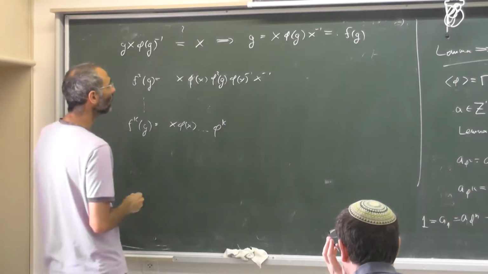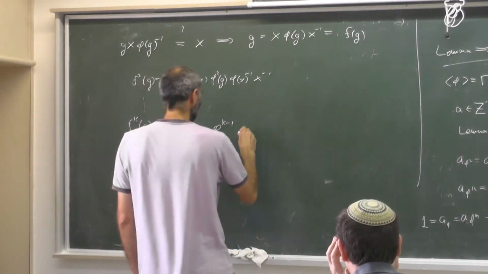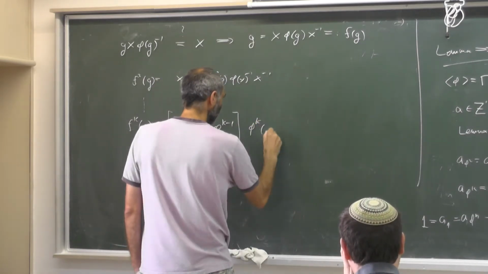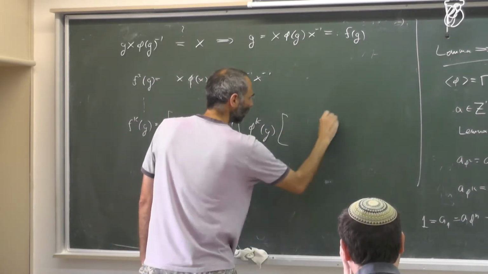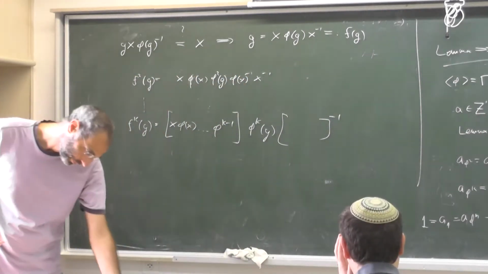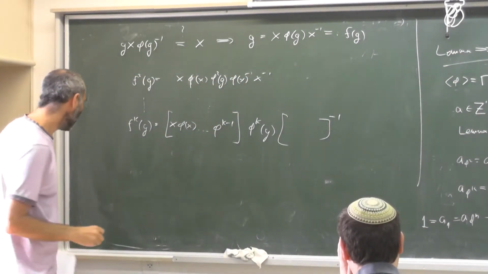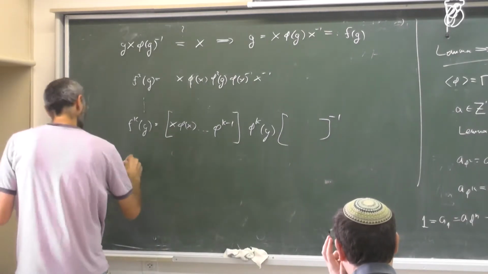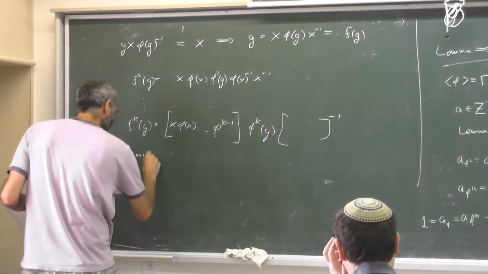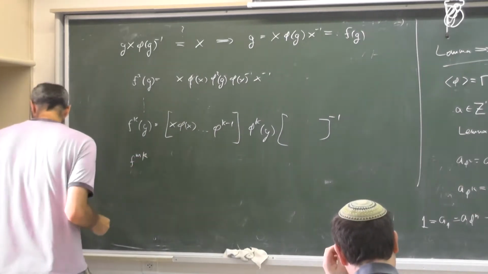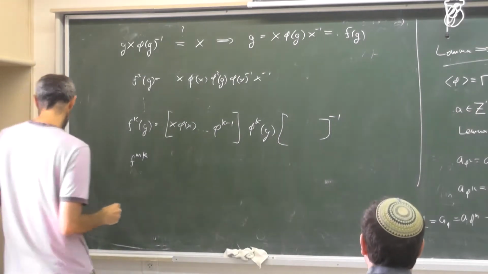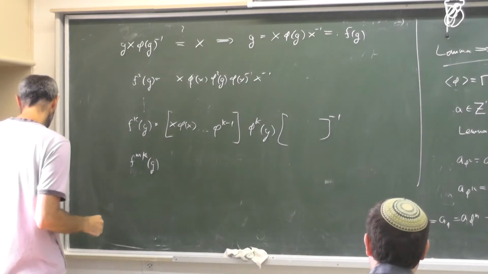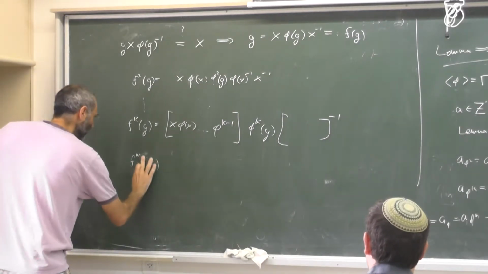X inverse, phi to the K of G, and the same inverse. Lastly, I will do it now m k times. m k is still an arbitrary number. K will be r.